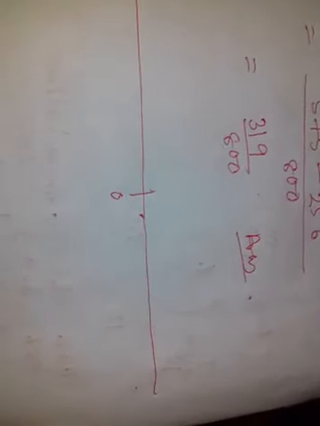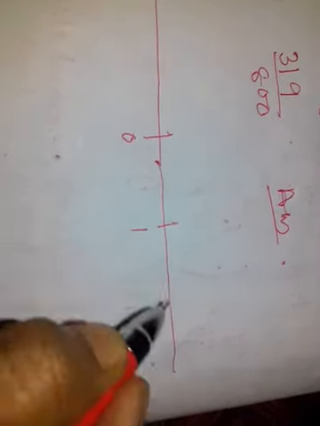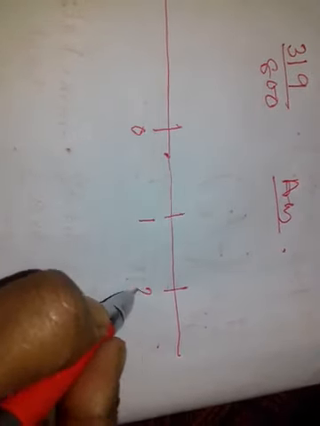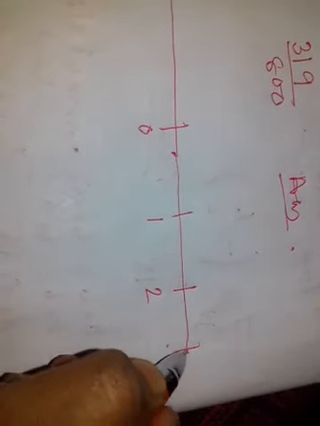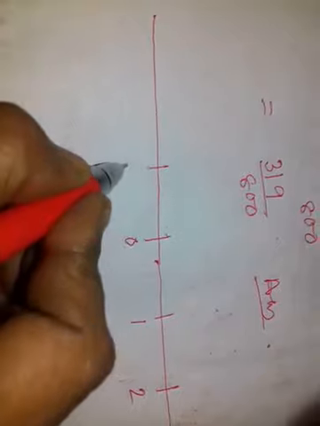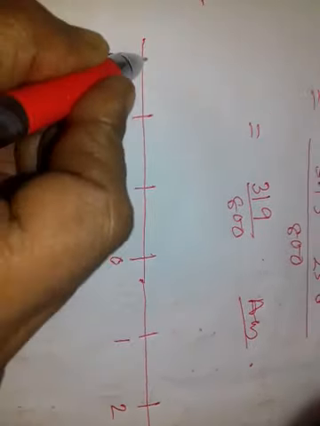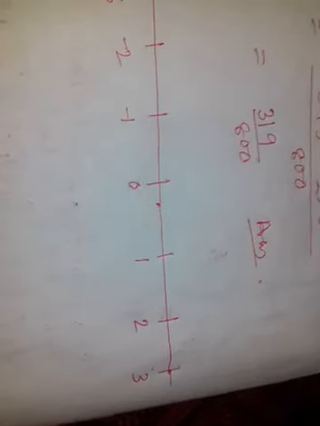This is 0. Now this is 1, this is 2, this is 3. On the left side at equal distance, minus 1, minus 2, minus 3. This is the number line.